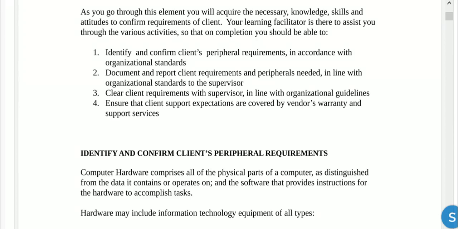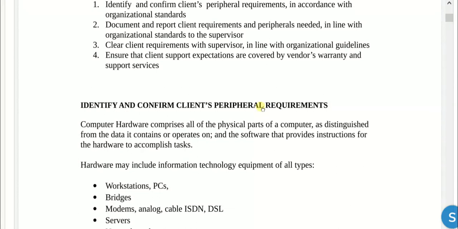By understanding and gathering information from your client, you can also make recommendations as to what could be added to the office to make the duties being carried out more effective. So that is what it speaks of when you say to identify and confirm.